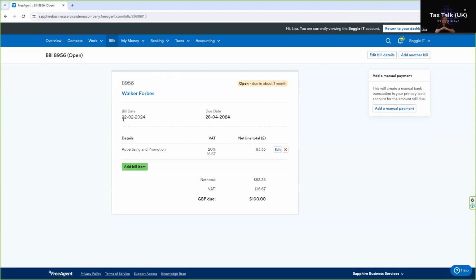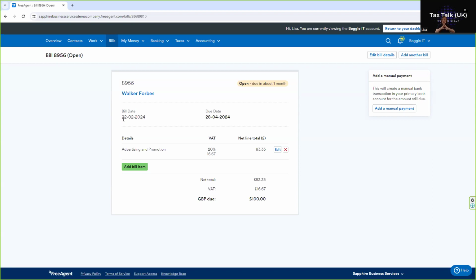What we have done is impacted our creditors, or our accounts payable. We have told Freeagent that we have incurred this cost but haven't paid it yet. So that would show on our supplier's report to show us that this bill is outstanding, how much it's for, when it was incurred, and who it's owed to.